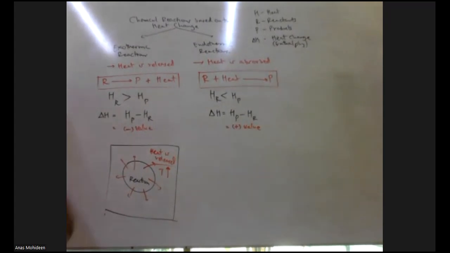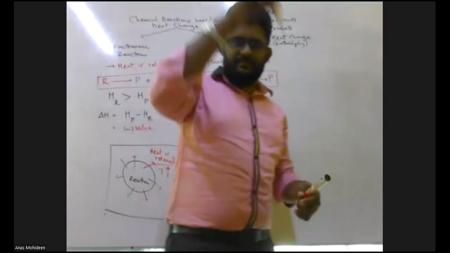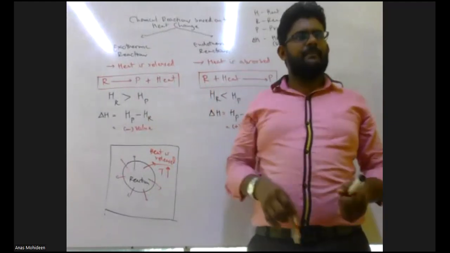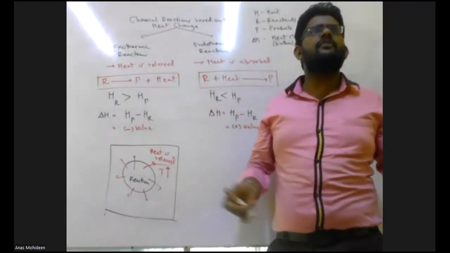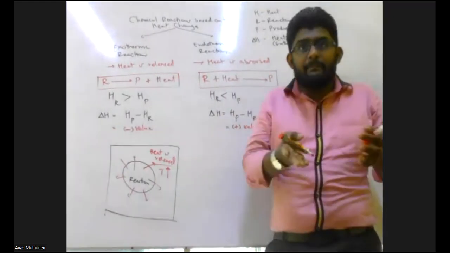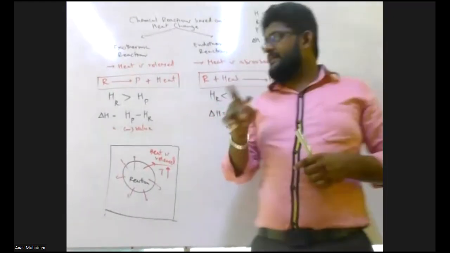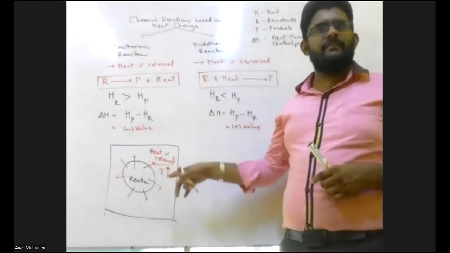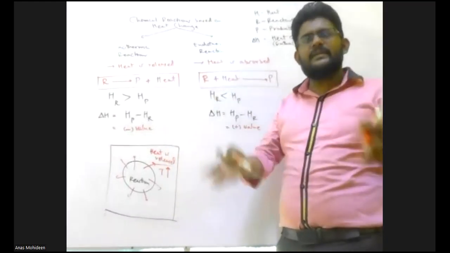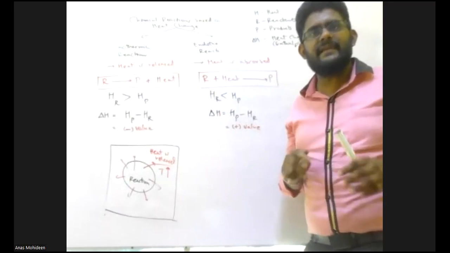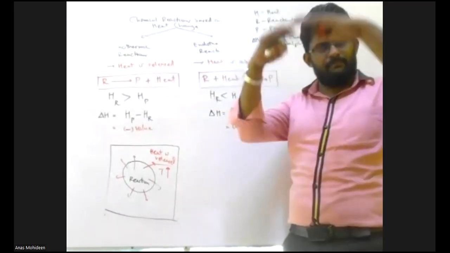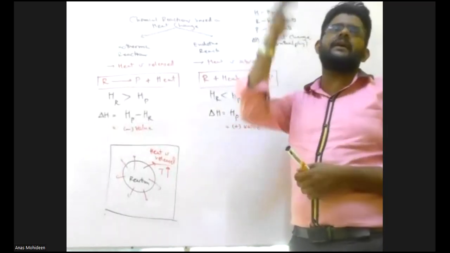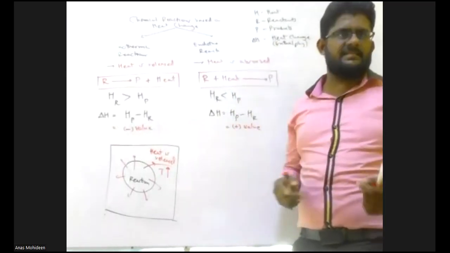In a reaction, initially I start off with a certain thermometer reading, say 30. After some time it gives you 45. That means the temperature has increased. Then what type of reaction should it be? Exothermic. Heat is released out, so the temperature is increased. The reactant's temperature reduces, but the mixture's temperature increases because heat is released out.